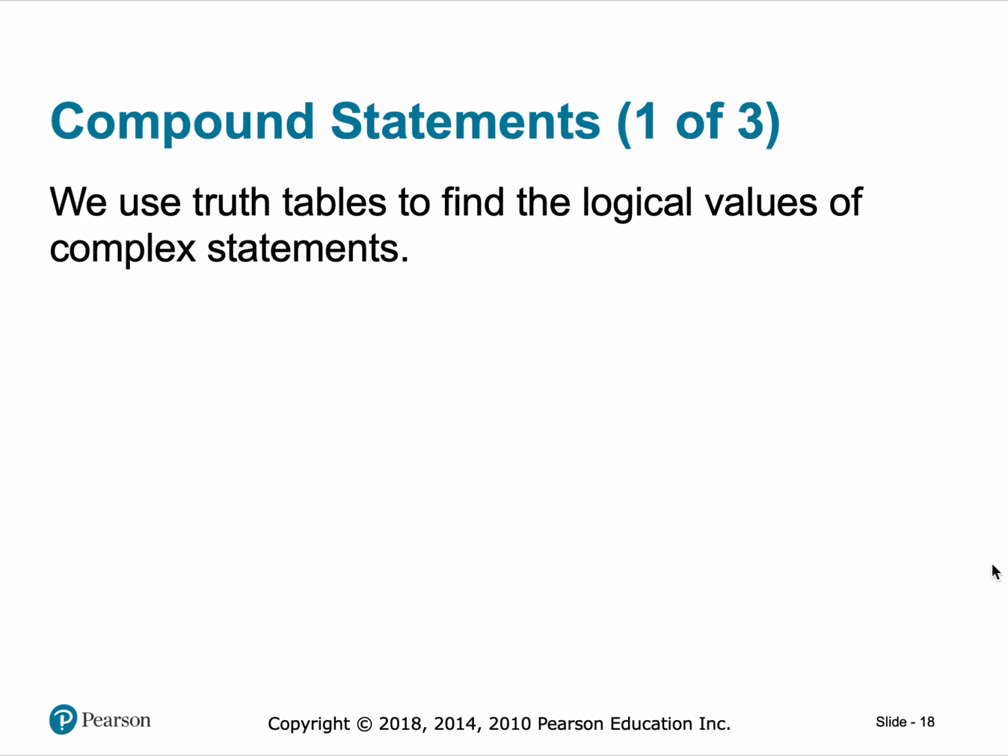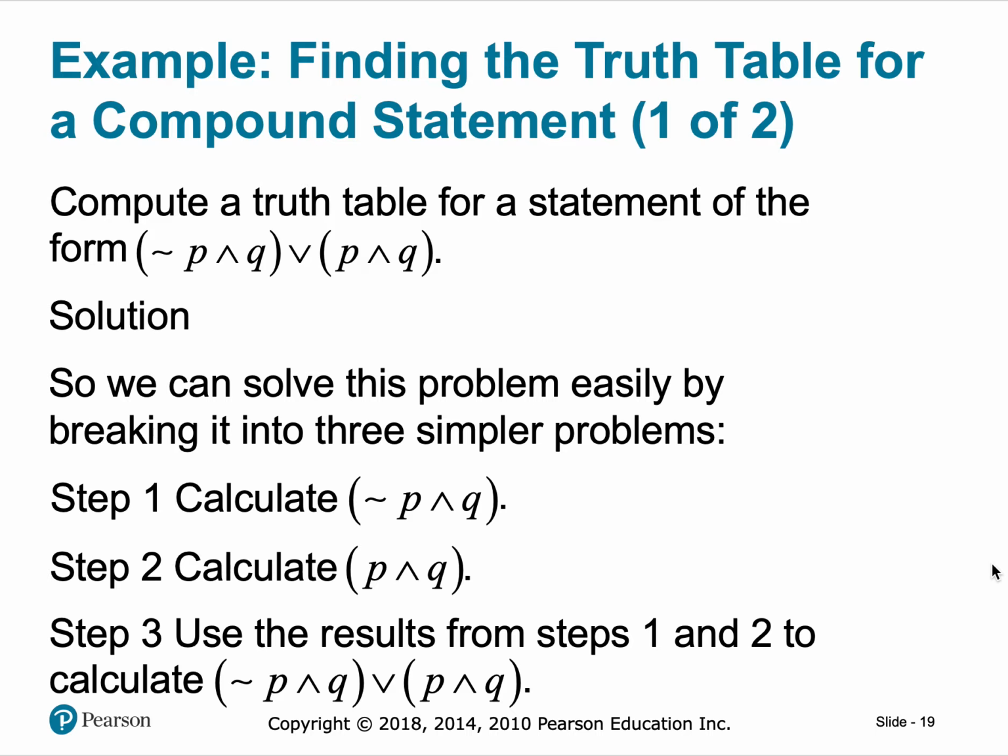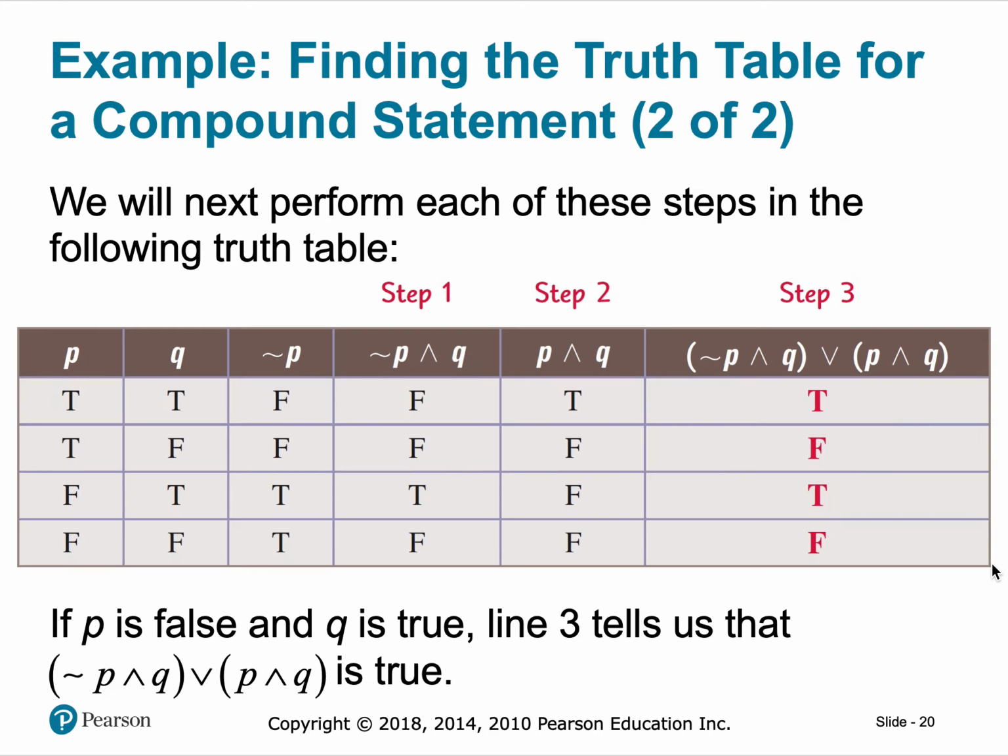So I use truth tables to find logical values of complex statements. The only thing a truth table does is break something down into bite-sized pieces. If I want to compute a truth table for this statement in that form, I'm going to have to follow a couple of steps to arrive at the final answer.